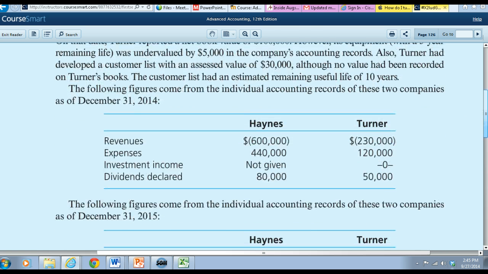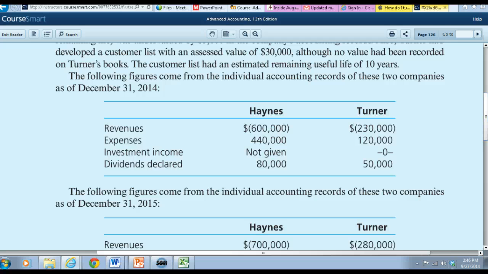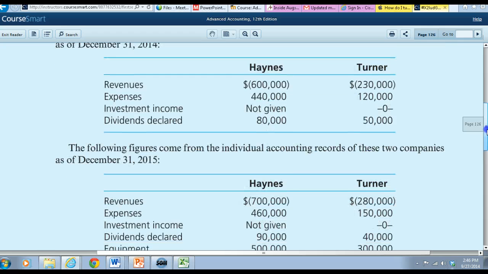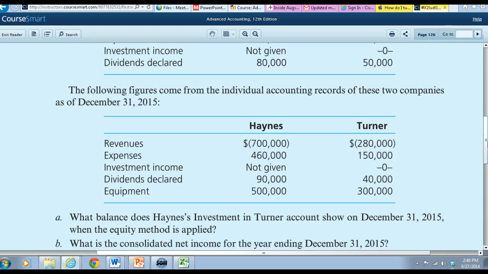So we show, as of December 31st of 2014, the revenues of Haynes, the revenues of Turner, the expenses, and then the dividends that have been declared. The following figures come from the individual accounting records of these two companies as of December 31st, 2015.